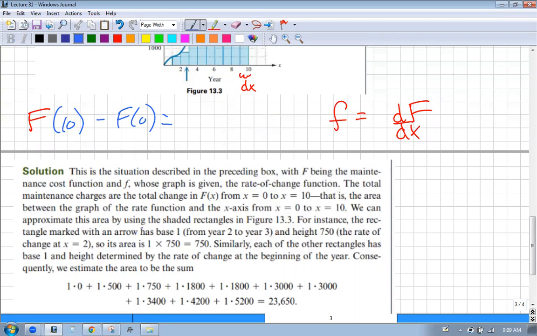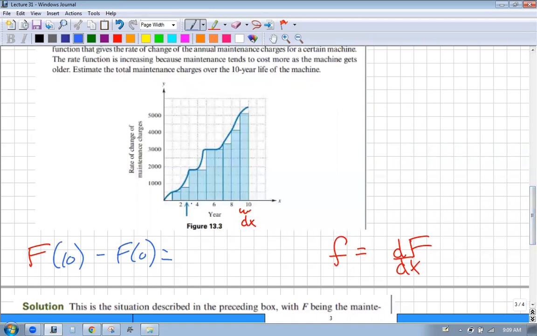We can approximate this area by using the shaded rectangles. For instance, the rectangle marked with an arrow has base 1 and height 750. Similarly, each of the other rectangles has base 1.